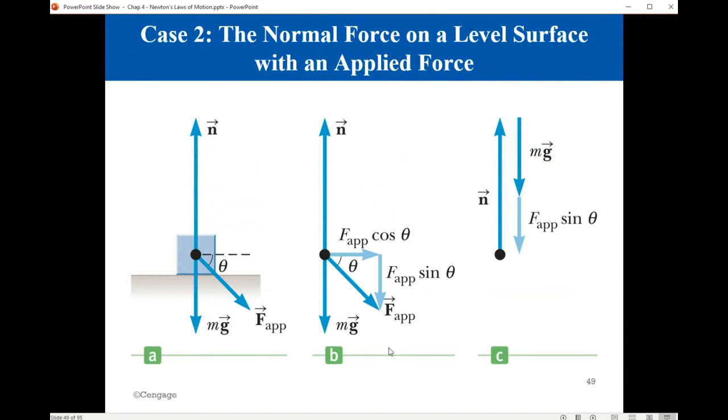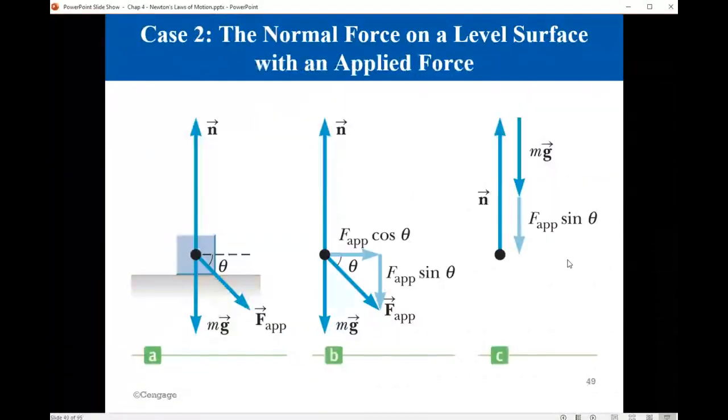Consider this other situation. The same object, but now we are acting with a force directed downward, like this. So now, if you decompose this force into two components, horizontal and vertical, and apply Newton's second law, you have N upward minus mg minus F sine theta equals 0.